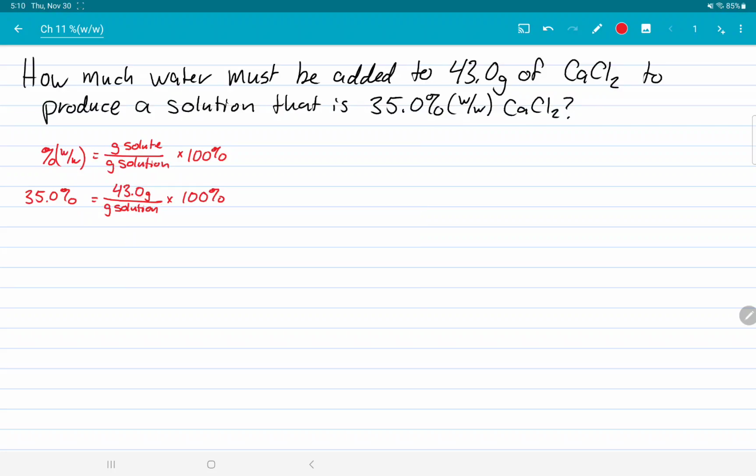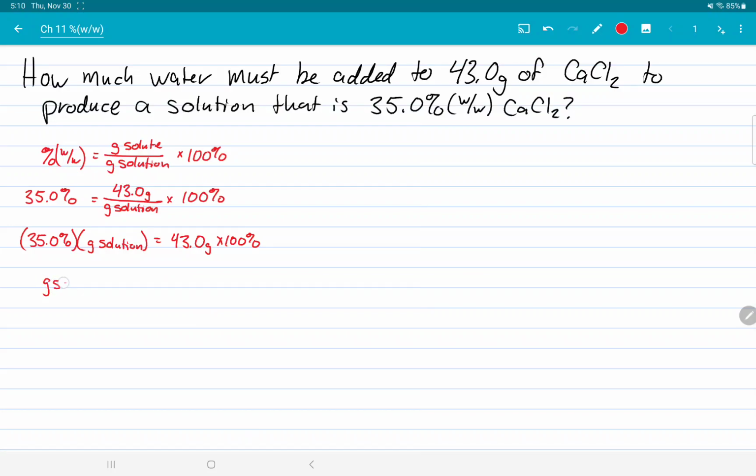And I'm going a little bit more methodically through the math on this one. So 35.0% times grams of solution would equal 43.0 grams times 100%. But I want it by itself, so let's bring this to the other side.